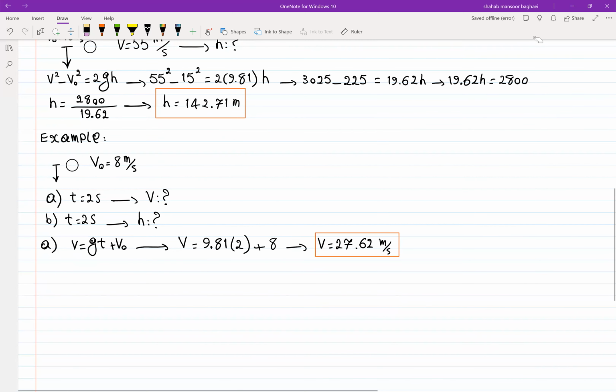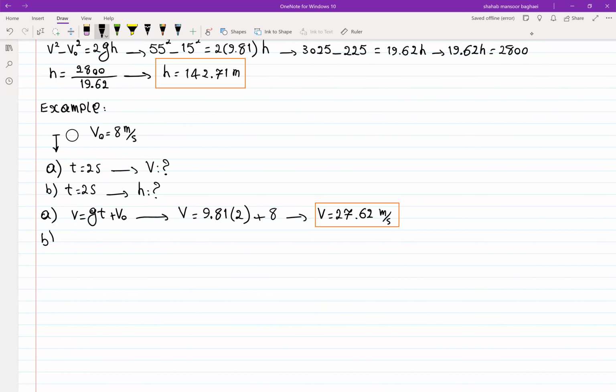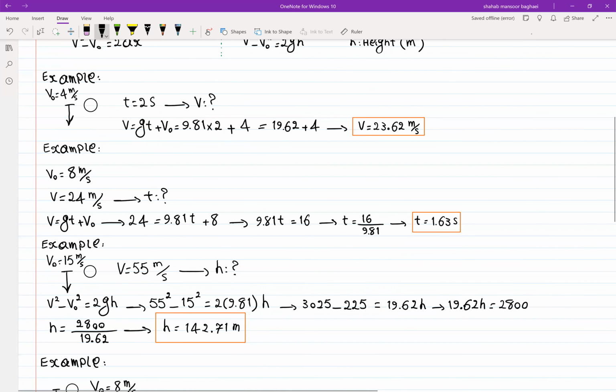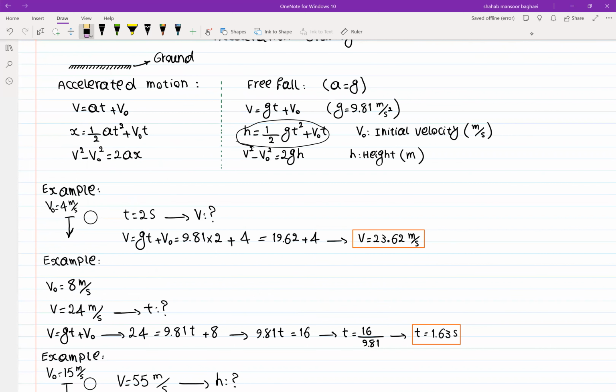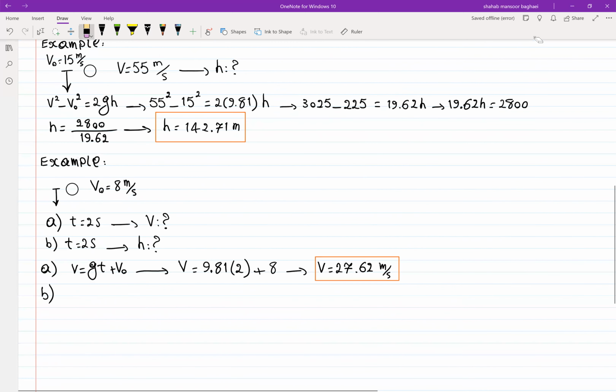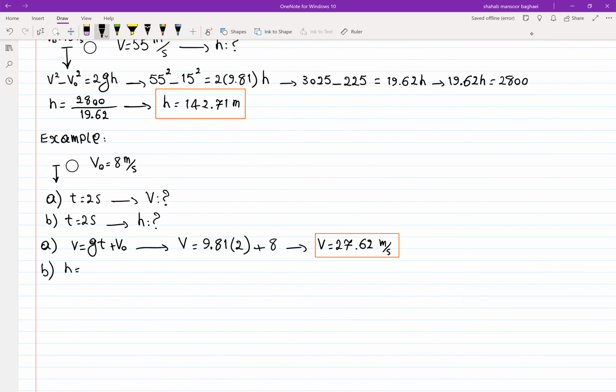Part B. What is height? So in order to calculate height, you should apply the second equation, which is here. This one applied. H equals half gt square plus V0 t. H is half, G is 9.81, T is 2 square plus V0 is 8, and T value, that's 2 seconds. You know, 2 square, that's 4.